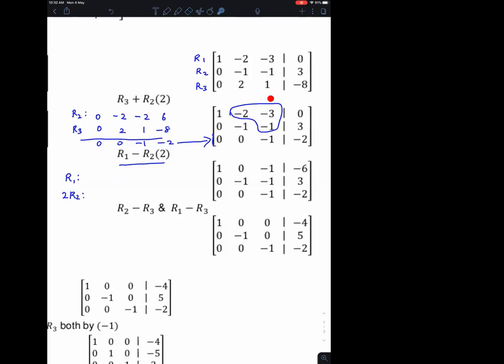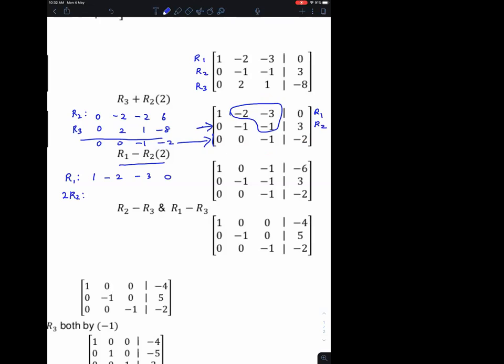I'm going to do the operation on this. So the first row is 1, -2, -3, 0. Now 2 times row 2. This is row 2 I'm talking about.